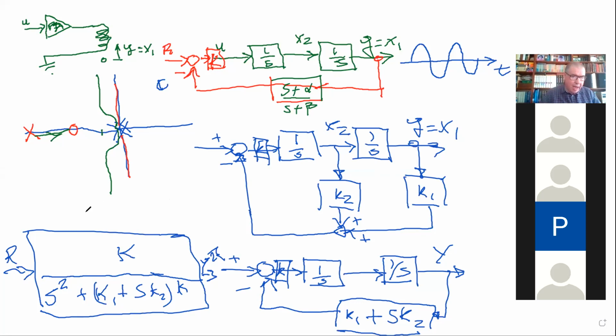Suppose that I say, I want poles at minus 3 and minus 5. How do I proceed? I want a characteristic polynomial, a denominator, which is what?